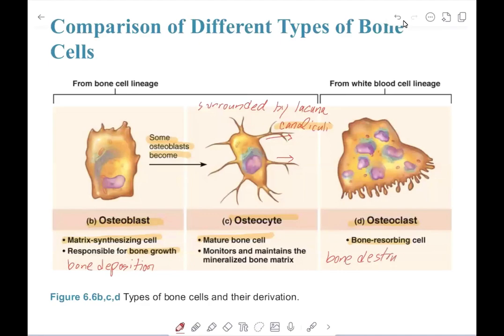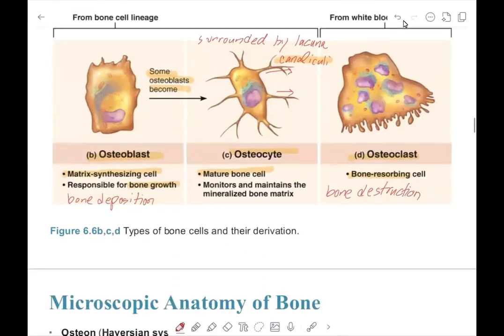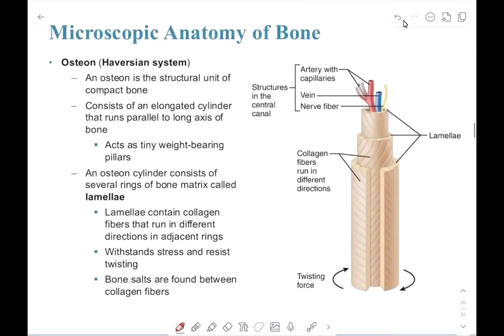Continuing with the microscopic anatomy of the bone, within compact bone, we have what's called a haversian system. So it's very important for you to remember that the osteon is the structural unit of compact bone. Consists of these long cylinders that run parallel to the long axis of the bone, up and down.